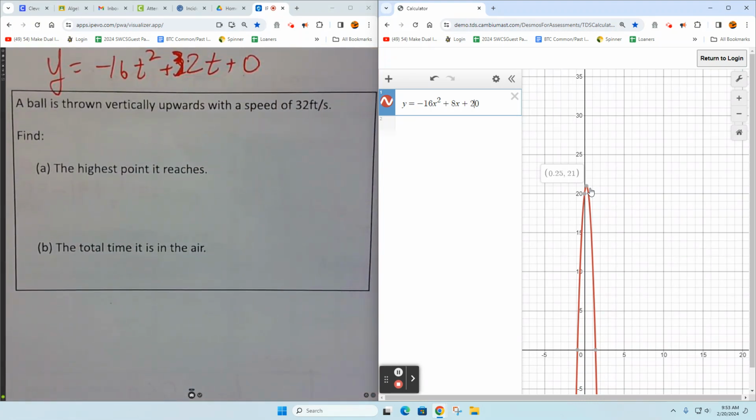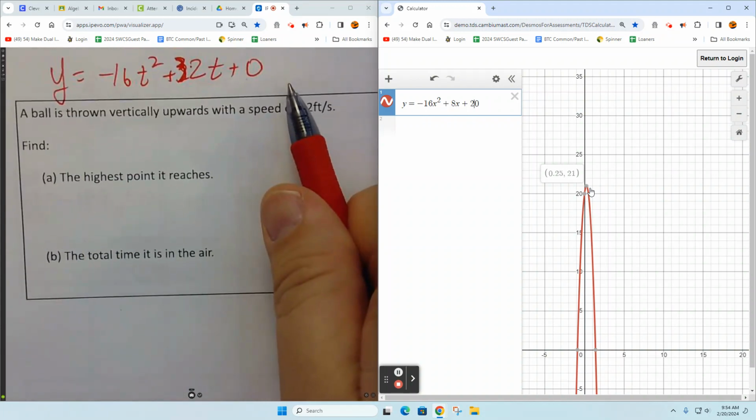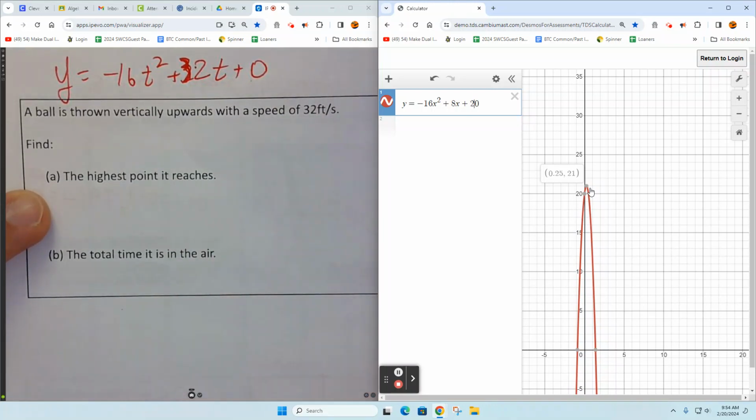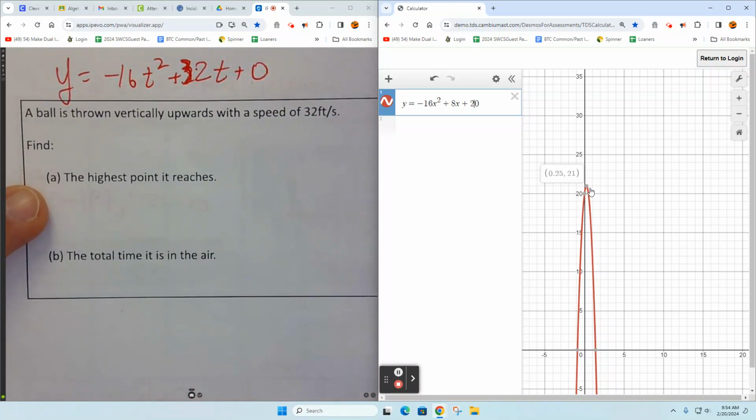The assumption is that once it gets back to 0, where he stands, he's going to catch it. He's going to throw it and catch it from the same spot, making it zero. Is it going to be super accurate? No, it might be off by that distance, but we'll see.